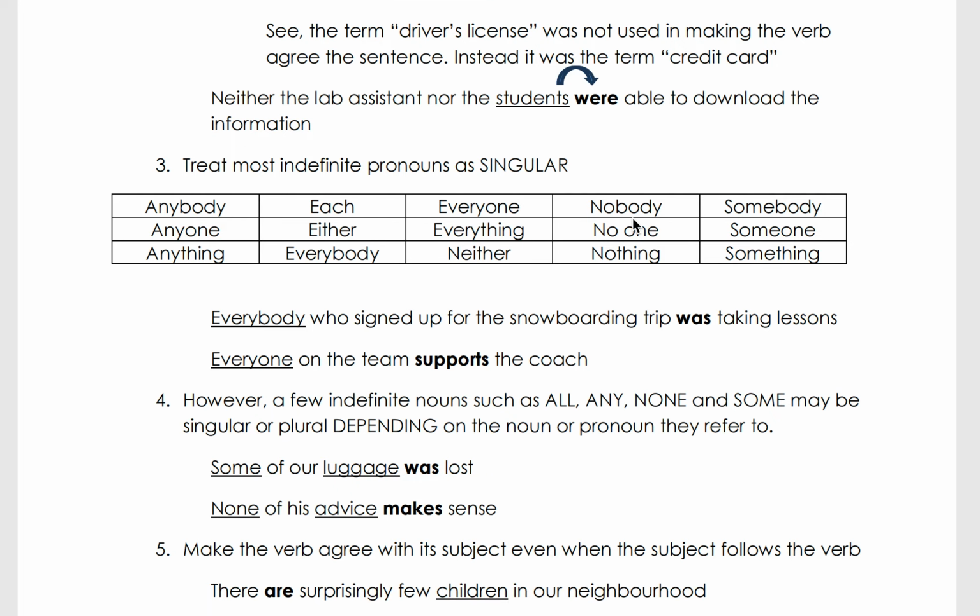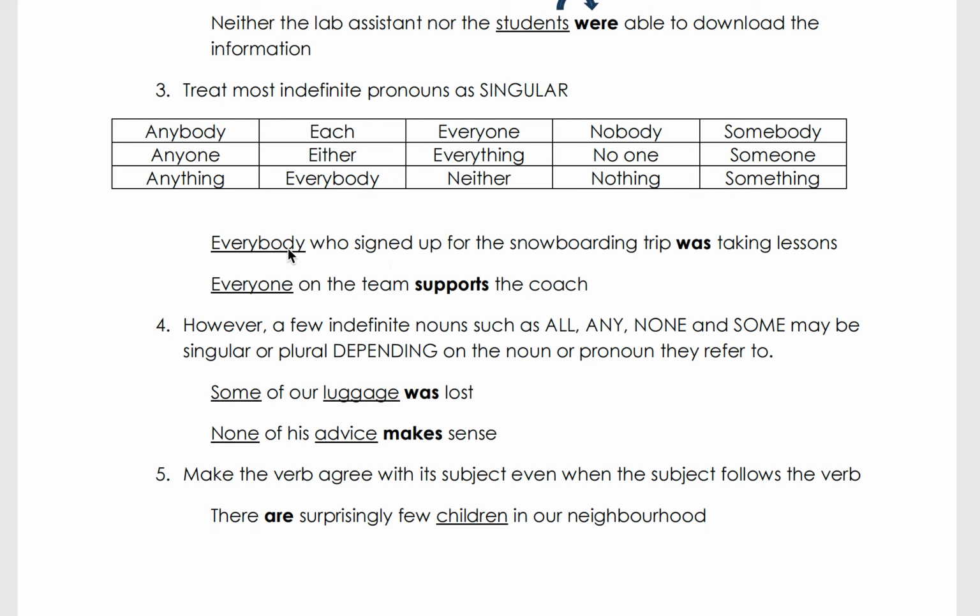As I mentioned earlier, if you find one of these in a question, always remember these all take a singular verb. For example: everybody who signed up for the snowboarding trip was.